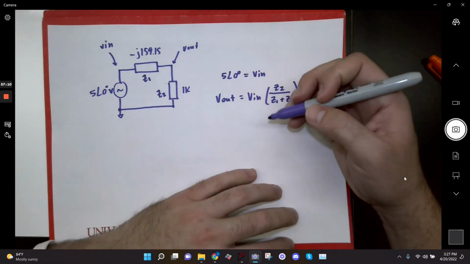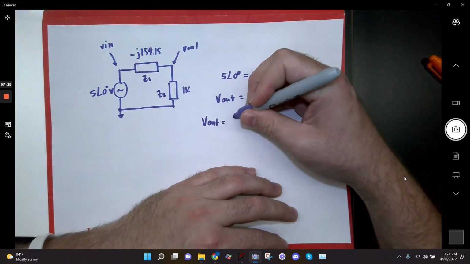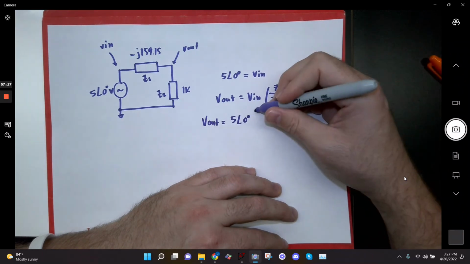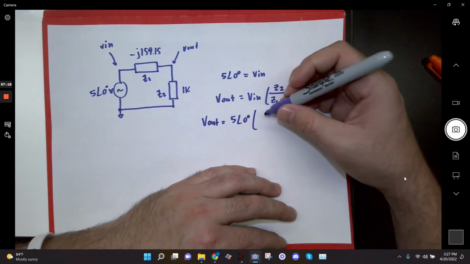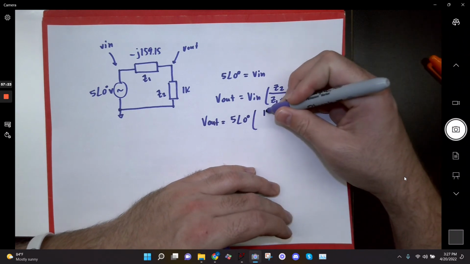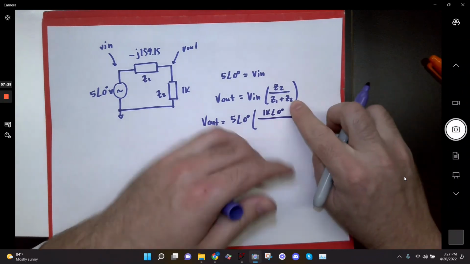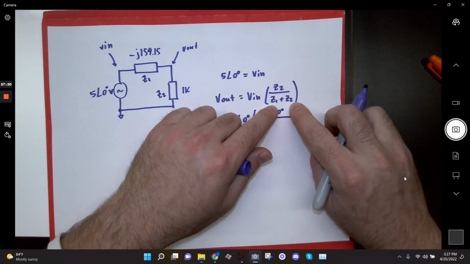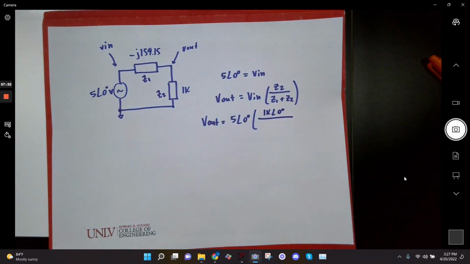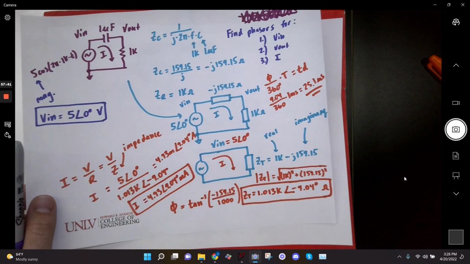And so I would go V out basically equal to 5 angle 0. Z2, we just did it, right? It was 1K angle 0. And now I'm going to have to find the phasor of them added, which I already found. Z total, that was what we did earlier. That was 1.013K angle negative 9.04.